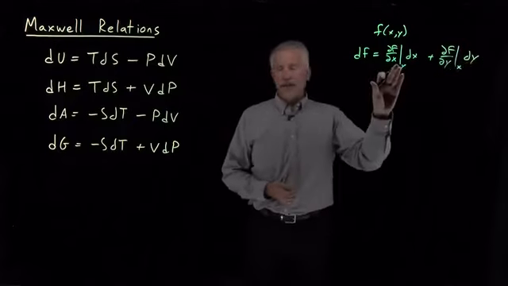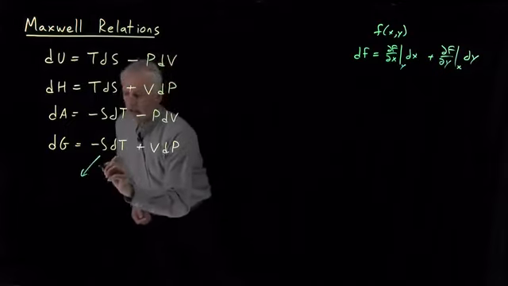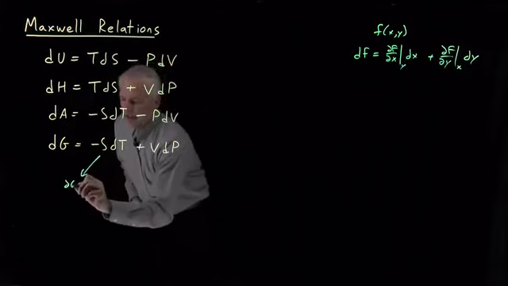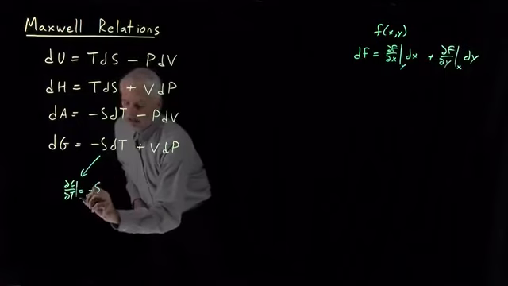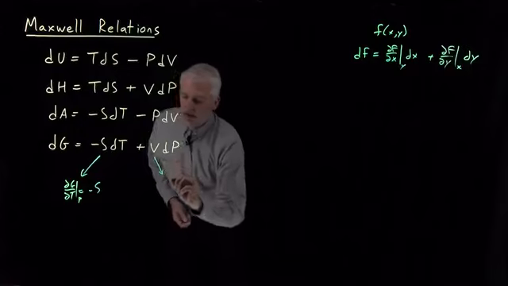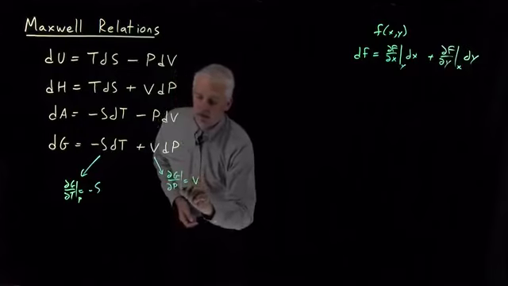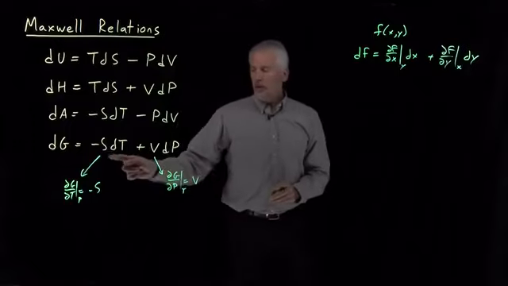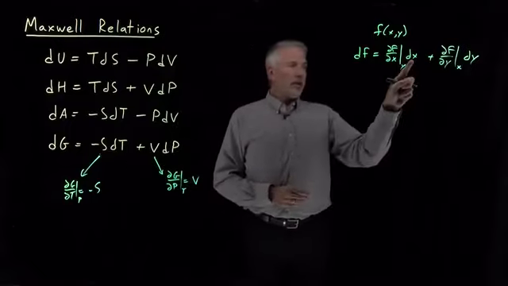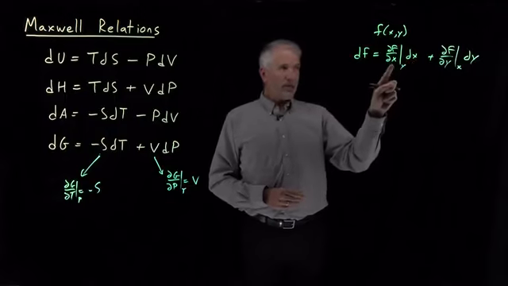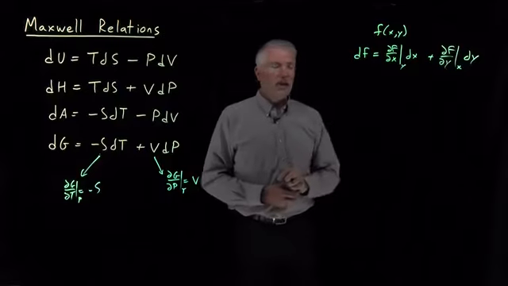That's what lets us say, for example, dG/dT is negative S, and from here, dG/dP is equal to V. 2 derivatives we've seen before. We can read those derivatives off the coefficients. Coefficient in front of dx is the derivative with respect to x. The coefficient in front of dy is the derivative with respect to y.